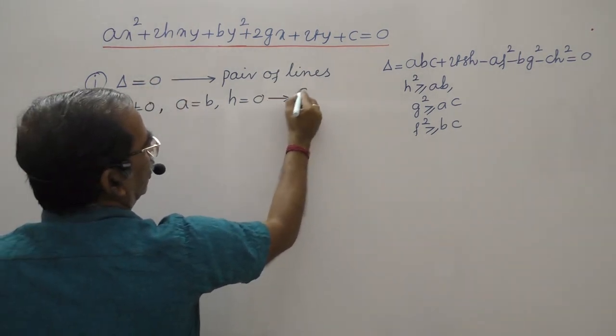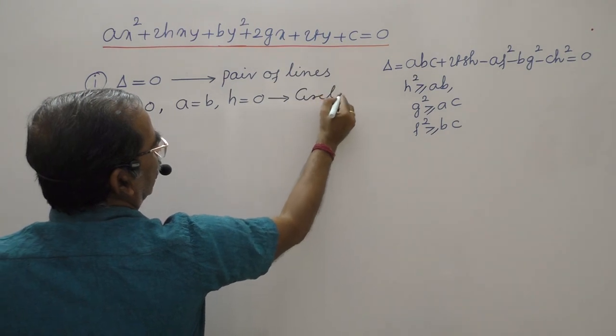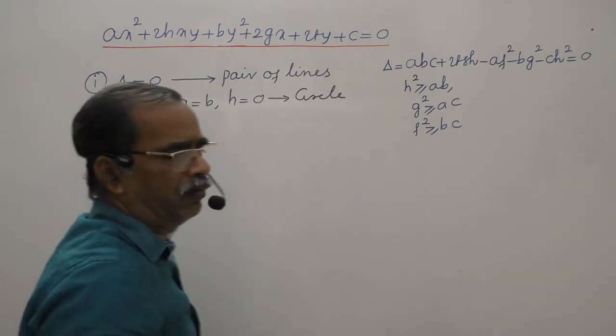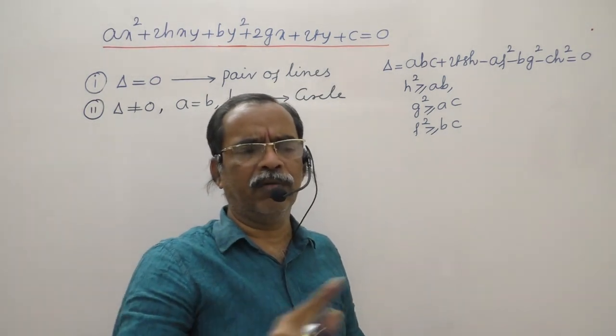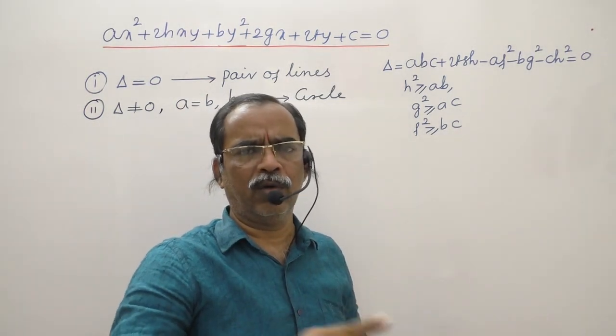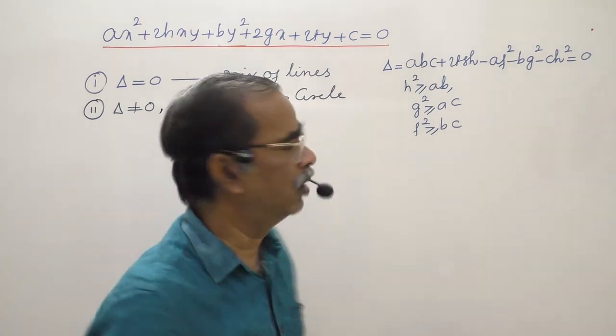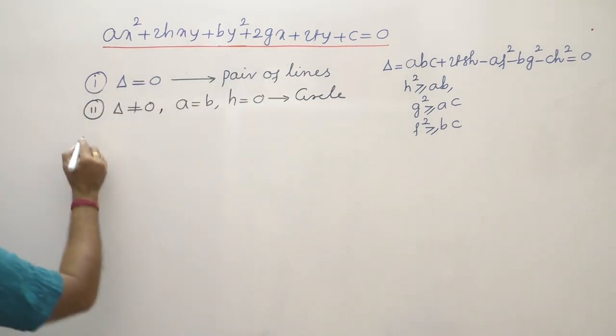In this case, it represents a circle. So to identify a circle is very simple. In the equation of a circle, x square, y square coefficients will be the same, no xy term. That's what I have written here.